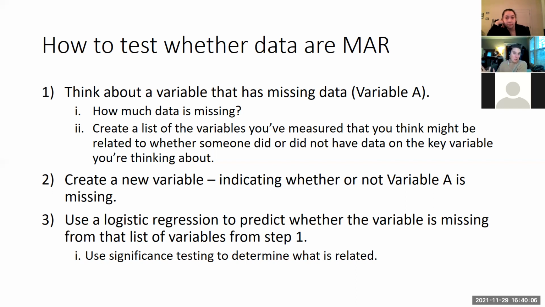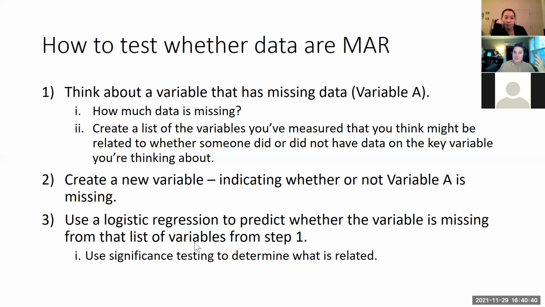So now I have a new variable: is the data missing or not? And we just learned last week about logistic regression. So what we do next is predict that brand new variable about whether the data are missing from that list of variables we created in step 1.2. So I'm thinking maybe my special education teachers aren't going to complete it. I'm going to look at a logistic regression predicting is this data missing from what type of teacher this is.